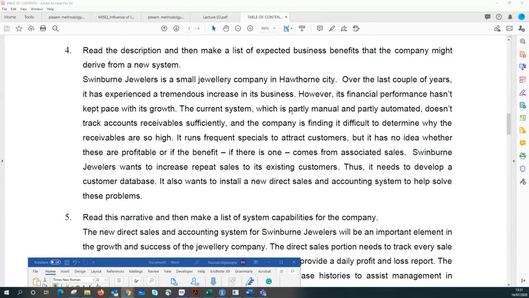The current system, which is partly manual and partly automated, doesn't track the accounts receivable sufficiently. That might be the reason. What do you mean by accounts receivable, guys? Accounts receivable means debtors.